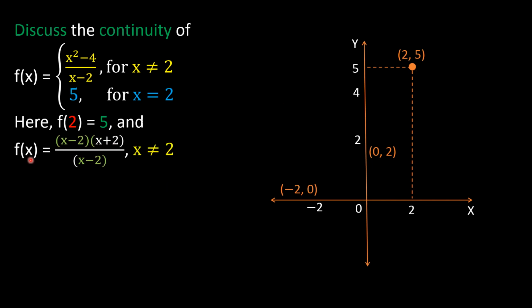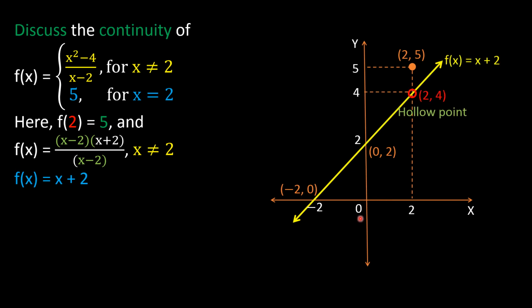Now f(x) equals this rational function. The numerator can be factorized as (x minus 2) multiplied by (x plus 2). Here, since x is not equal to 2, x minus 2 is not equal to 0, so x minus 2 can be cancelled. So f(x) becomes x plus 2. Its graph will be like this.